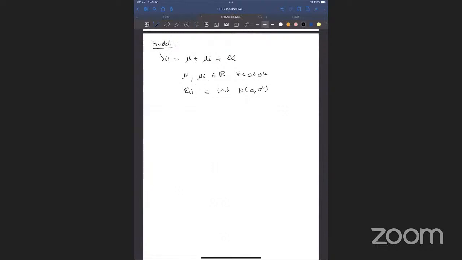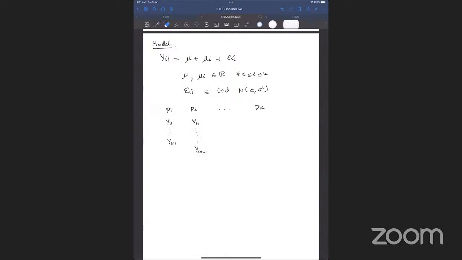The way you think of the model is that you have k populations. So you have population 1, population 2, all the way to population k. In each population you have observations: y11 all the way to y1n1, here you have y21 all the way to y2n2, and so on and so forth.